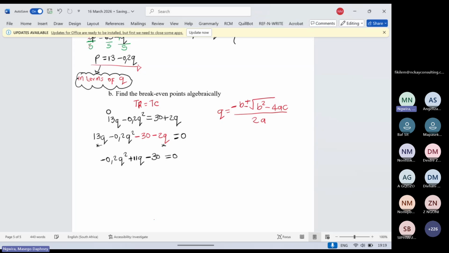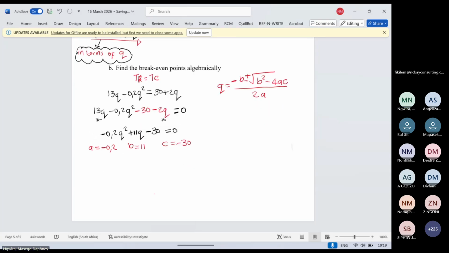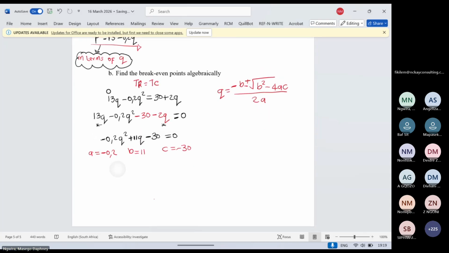Now we have to look for A, B, C. So my A is negative 0.2. My B is 11. And then my C is negative 30. Now we can use the formula.